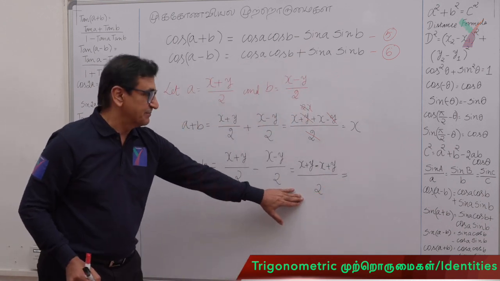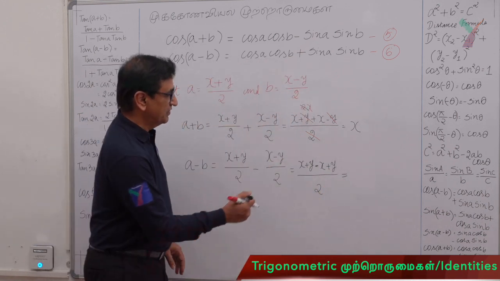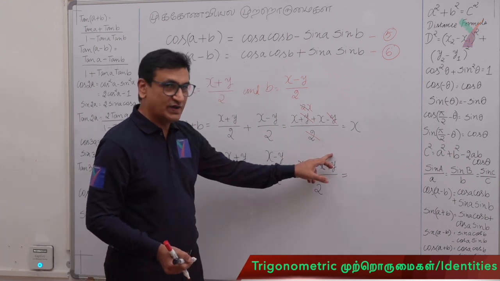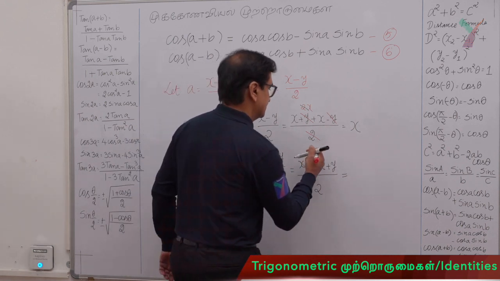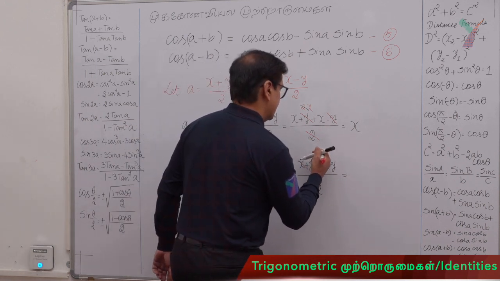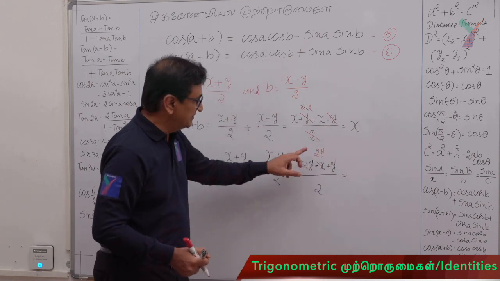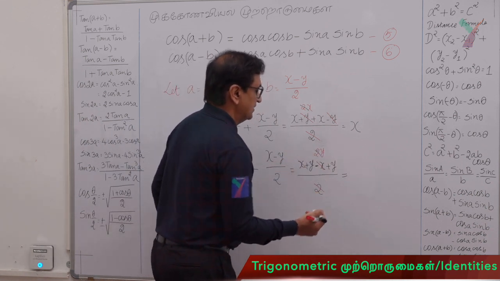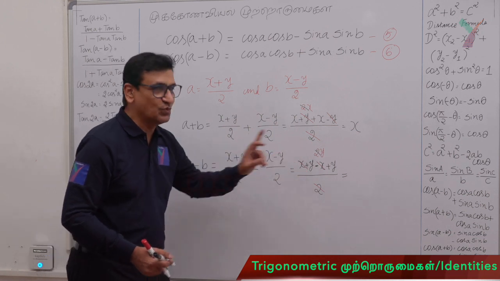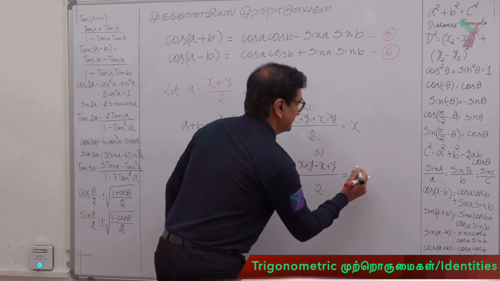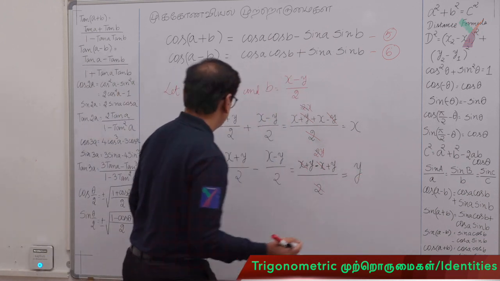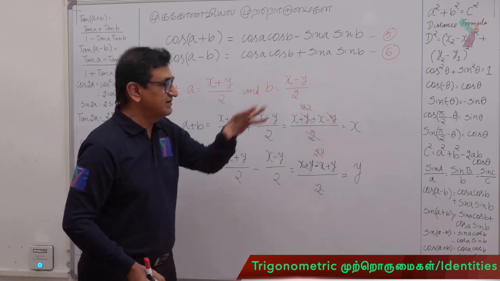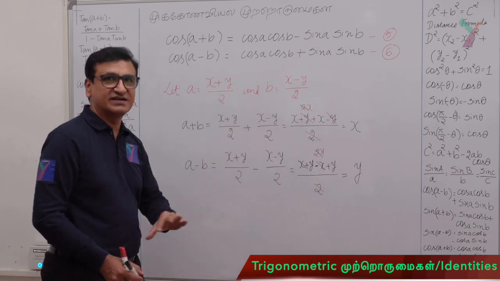What happens here? x cancels, because x minus x, and y plus y is 2y. And these two 2s cancel. What are you left with? Just y. Therefore, a minus b equals y. Let me write that down here. Let me rub this out fully and start again.